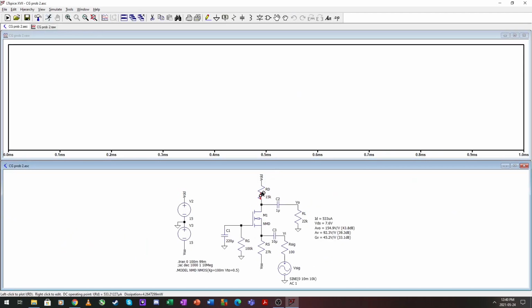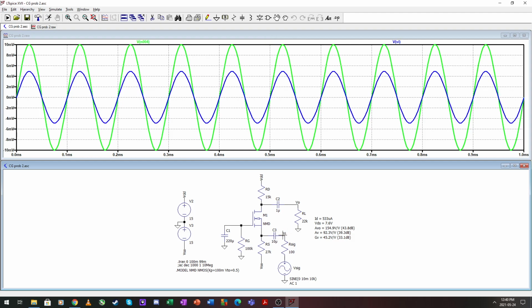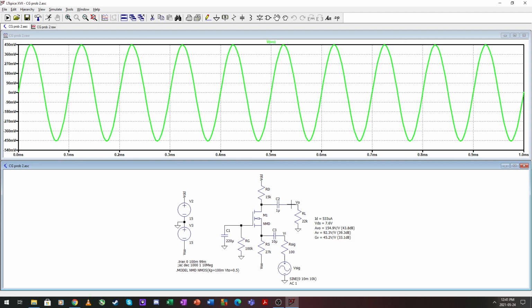So if we run this simulation, we insert 10 millivolts peak. We measure here, it's roughly half, so 5 millivolts peak. So we have a perfect 100 ohms input here on the source. And if we multiply this with 45, it should go up to 450 millivolts peak.